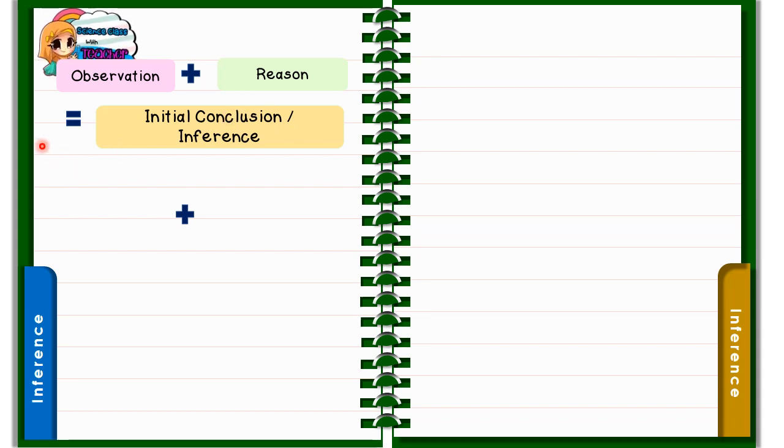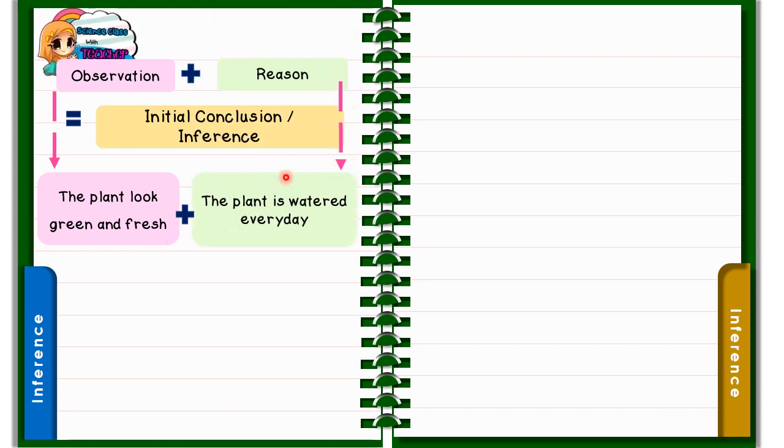From the situation 1, the observation we have found is the plant look green and fresh, and the reason is the plant is watered every day.